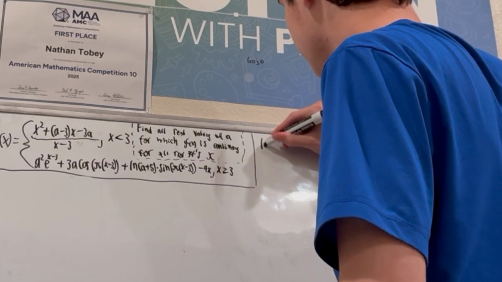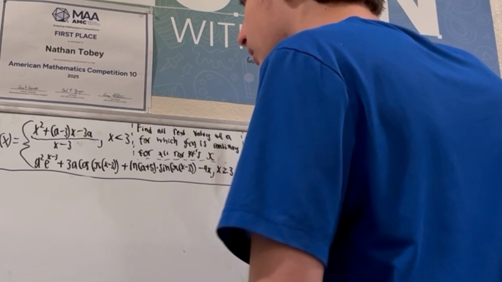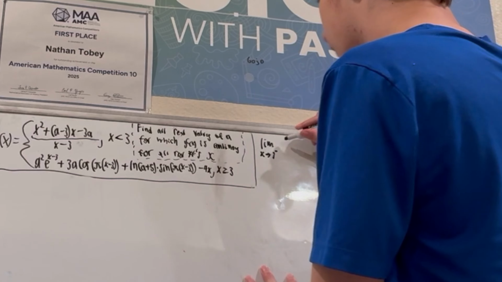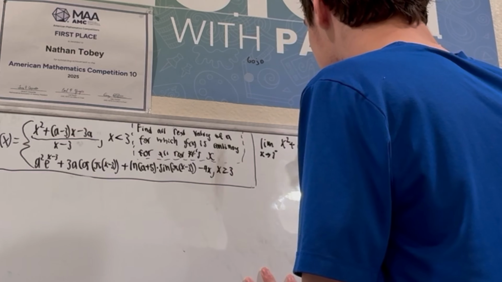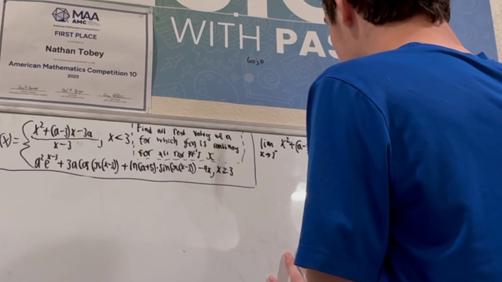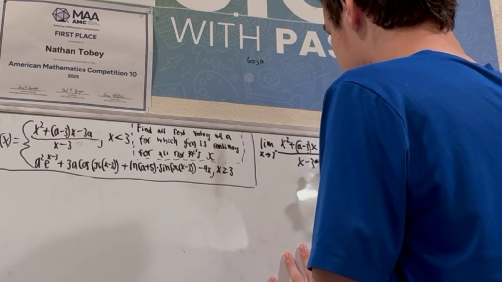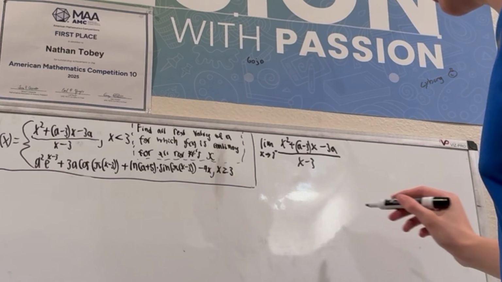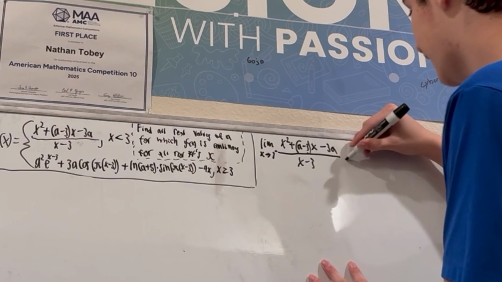So let's take the limit as x goes to 3 of x squared plus a minus 3 times x minus 3a, divided by x minus 3. If we plug in 3 here, we get a 0 at the bottom, so we're going to factor.